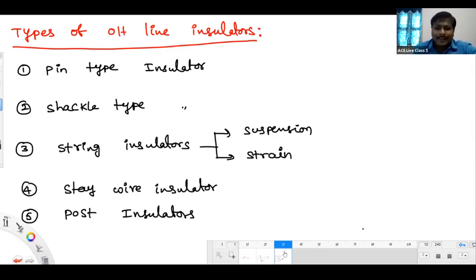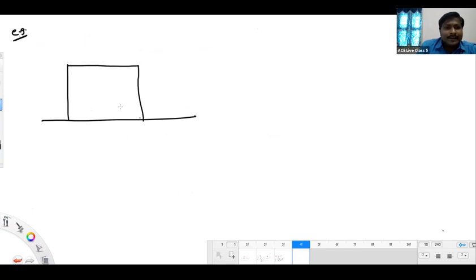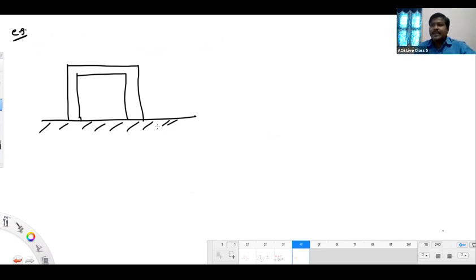Okay, let's see this. Particularly in substations, you can see some rectangular structured poles. Maybe the purpose of this pole is to keep a bus bar on it, or a current transformer, power transformer, or potential transformer.